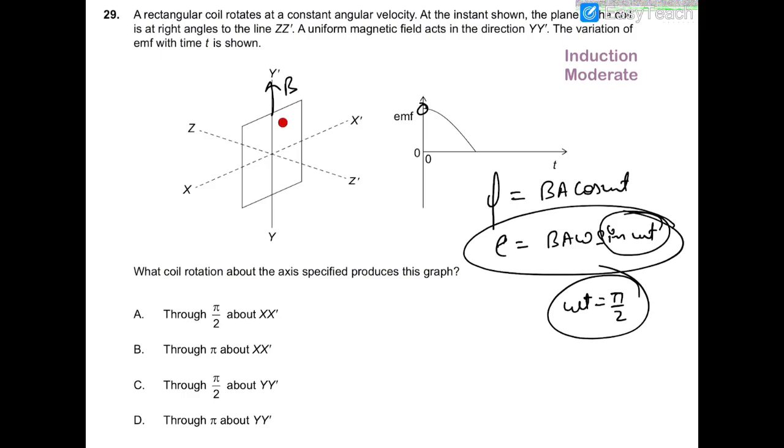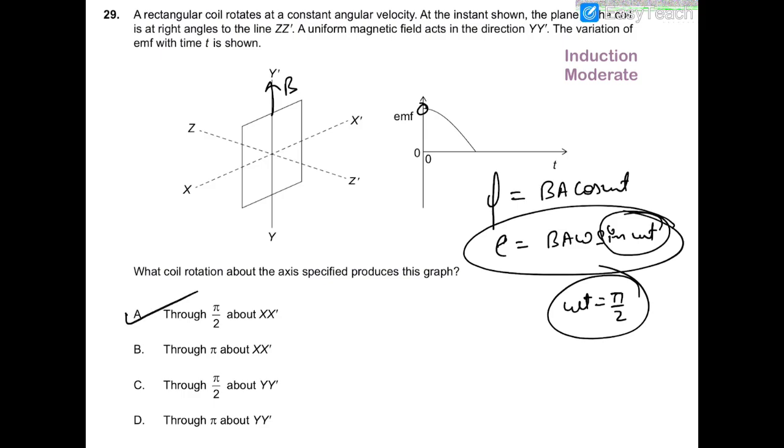So obviously the rotation of the coil should be along XX dash, because if the coil rotates about the axis YY dash, then the magnetic field will be parallel to its plane in all the orientations. But if it rotates about XX dash, then after rotating by 90 degree, the magnetic field will be perpendicular to the plane of the coil. So the EMF will become 0. So we can say that the correct answer is A.